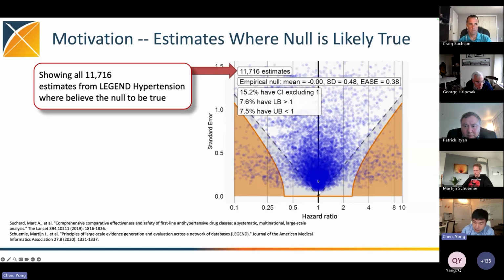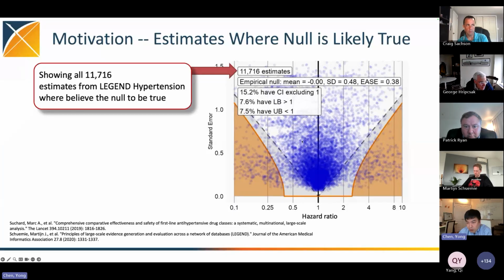And the other thing we would know is that if all the outcomes are null outcomes, meaning that they are not associated with the exposure of interest, then 95% of the confidence intervals should cover 1.